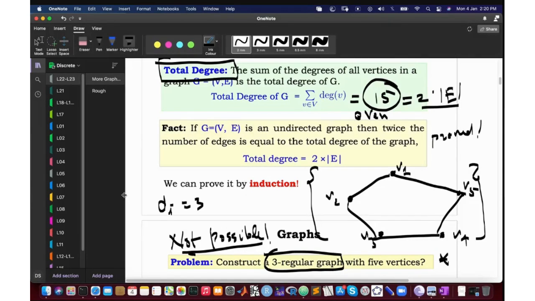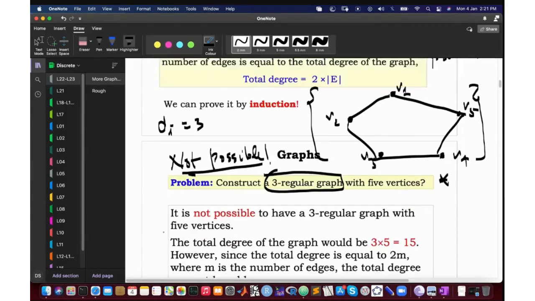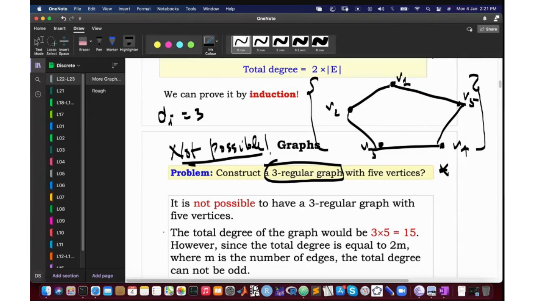So you can't construct this graph because the sum of the degrees in the graph should be an even number. It's not possible to construct a graph in which the sum of the degrees is an odd number. This fact tells you that it's not possible to construct this graph. All right, does it make sense to everyone? Yes, sir. Awesome.